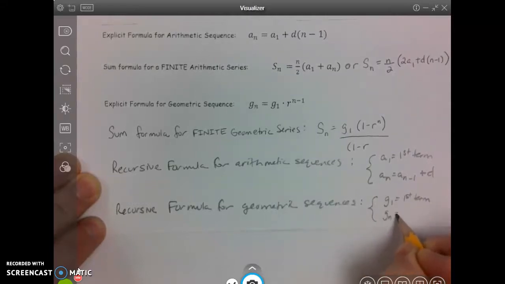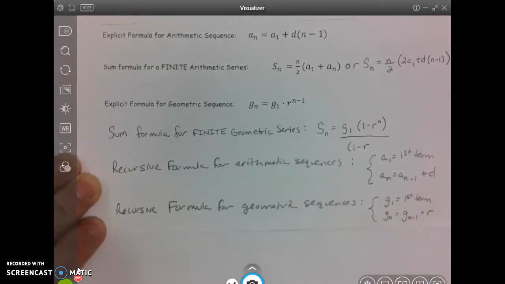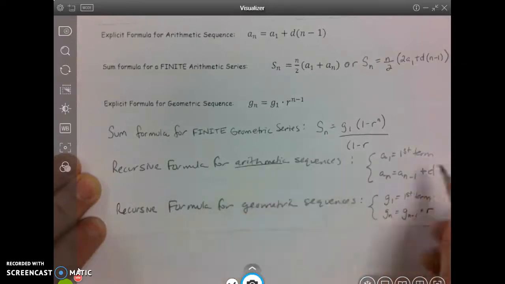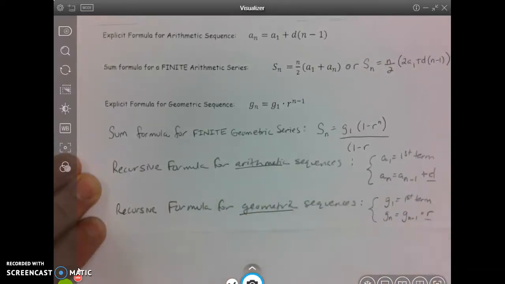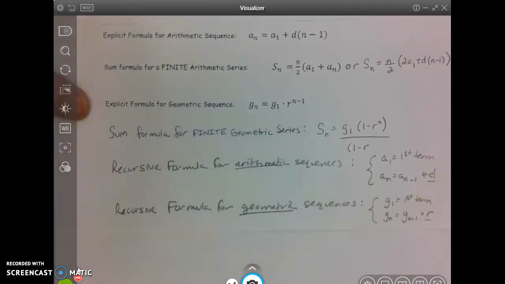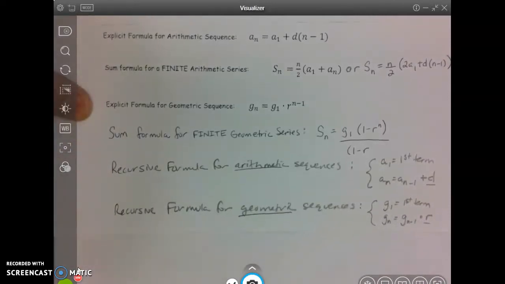And then the nth term is the previous term times r, because we're multiplying for geometric, whereas we're adding for arithmetic. So arithmetic has a constant difference, geometric has a constant ratio. So you might want to add that to your formula sheet so that when you're solving these problems, you have one place that you can look.